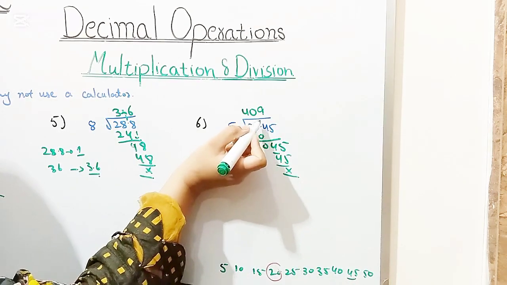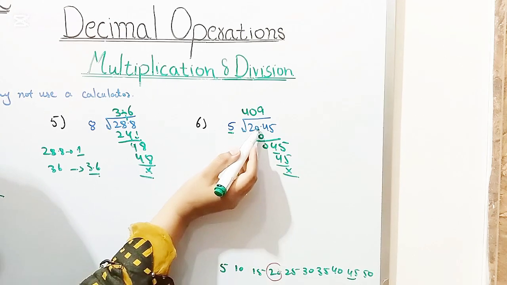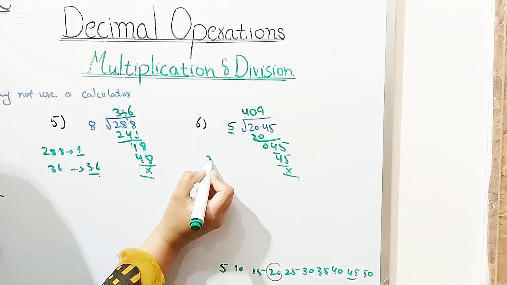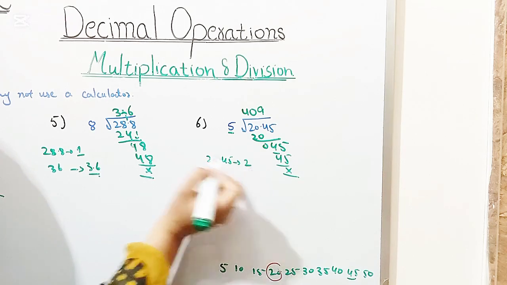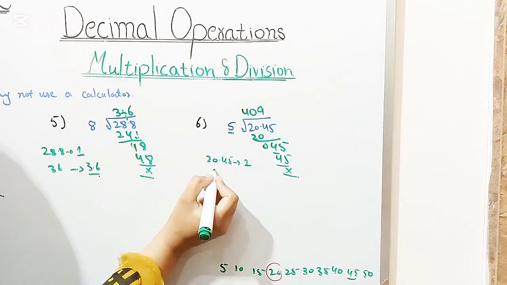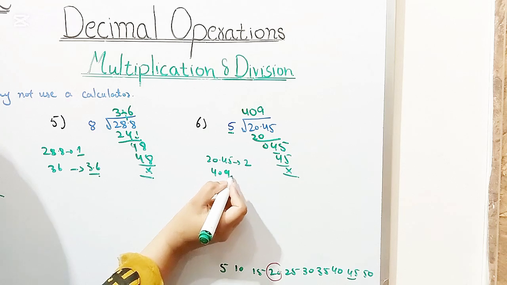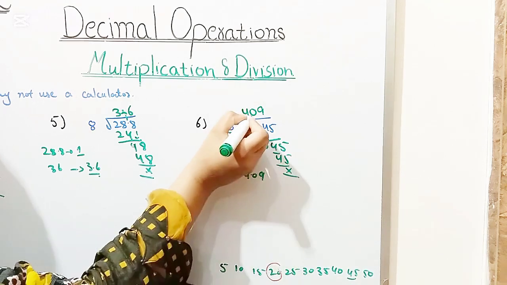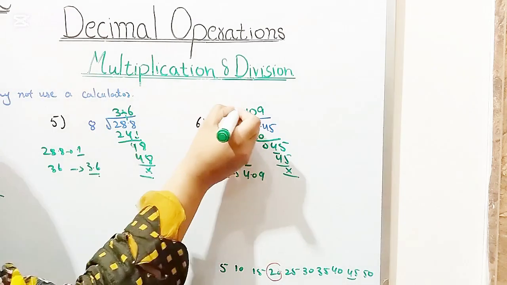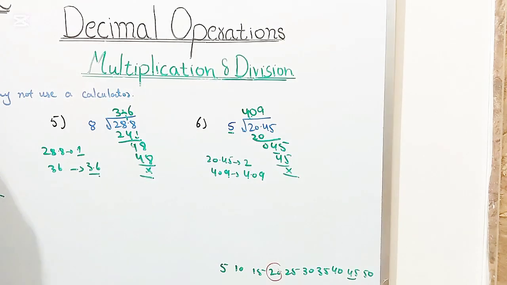Okay. Then there will be 0 point. So 20.45 has 2 decimal places. So I will take from the right, 4.09. We will move from the right side to take the decimal place.